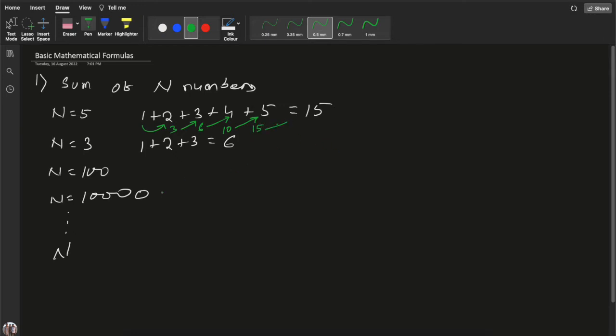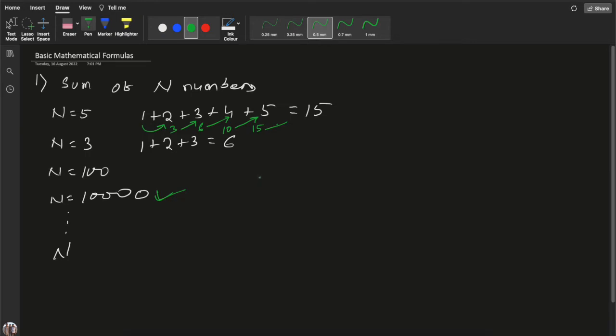Let's say there are 10,000 numbers, so we need to find the sum of 10,000 numbers. In that case we cannot do it one by one. We need to find one way to find the summation.